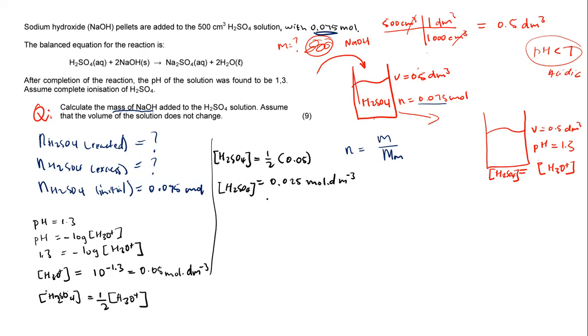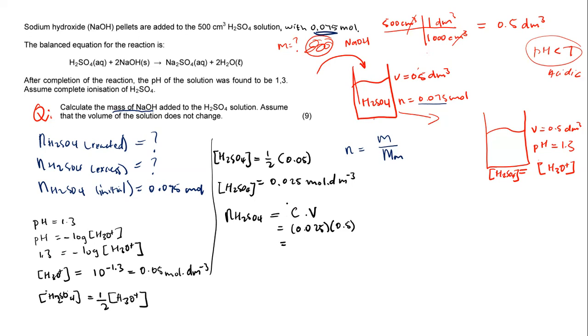So this concentration and this volume will help us determine the number of moles in excess. The number of moles of H2SO4 is equal to C multiplied by V. Our concentration is 0.025, and our volume remains unchanged, 0.5 cubic decimeters.